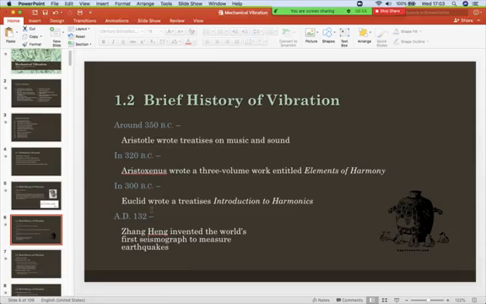But in AD 132, Zhang Heng invented the world's first seismograph to measure earthquakes. You know already the relevance of vibration with regards to earthquakes. You can imagine the whole world experiencing an earthquake, or perhaps somewhere in the Luzon area, and way back in 2013 we had an earthquake that really affected some of our populace.